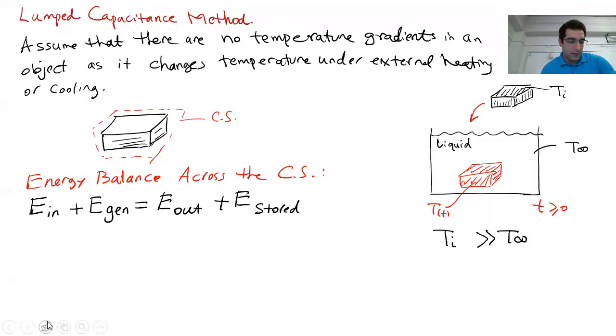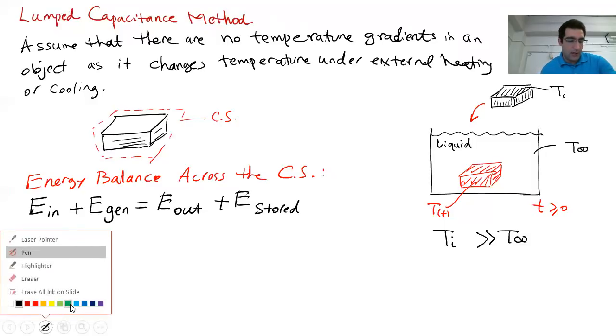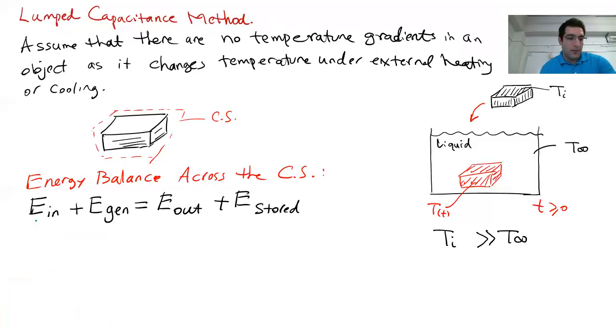So this is a simple form of energy balance. In our case, if we assume the metal piece in the water as our control surface, then no energy comes into the metal piece. We don't have energy generated, so these two terms go to zero.